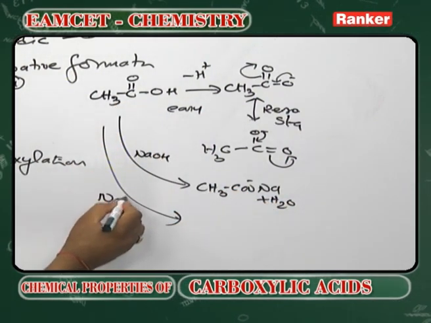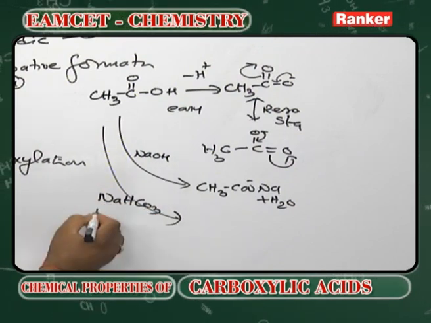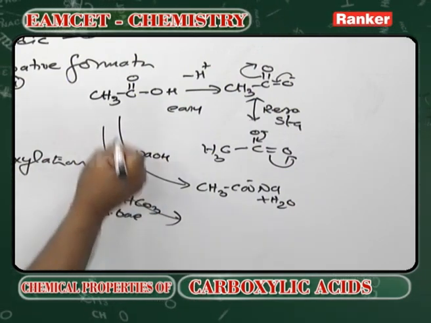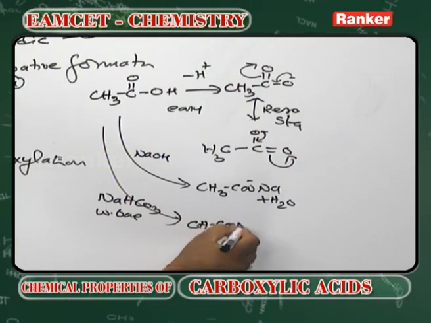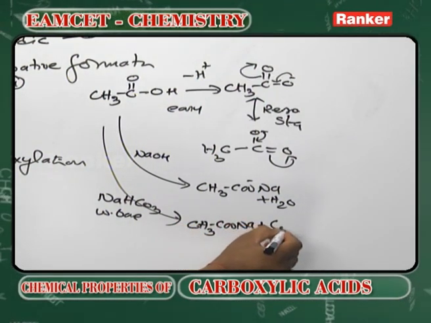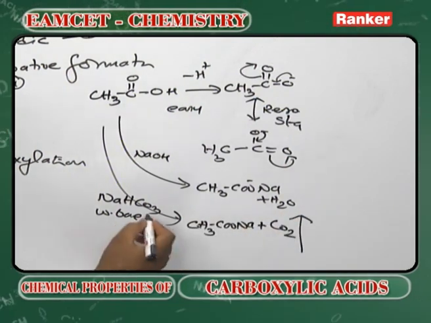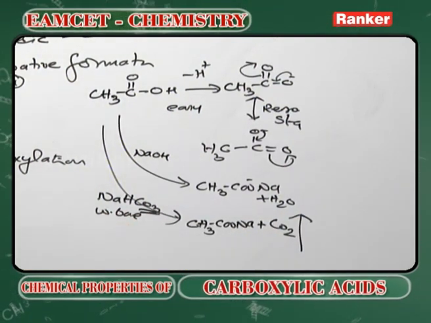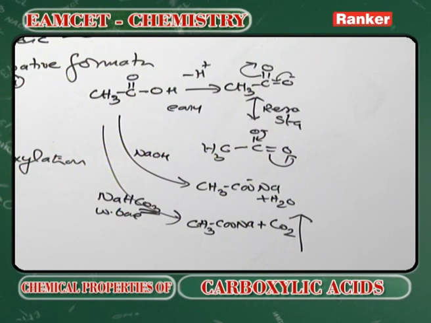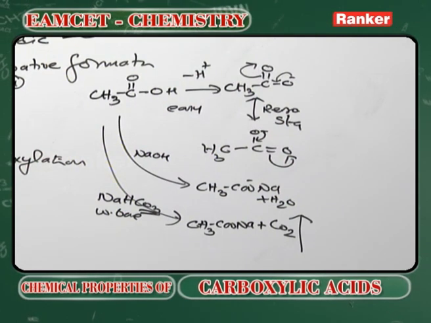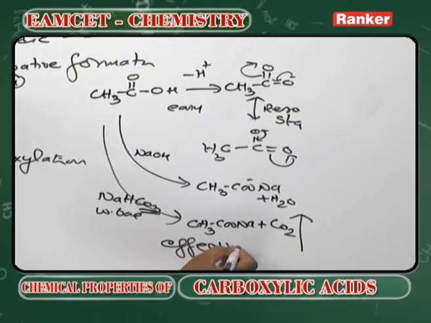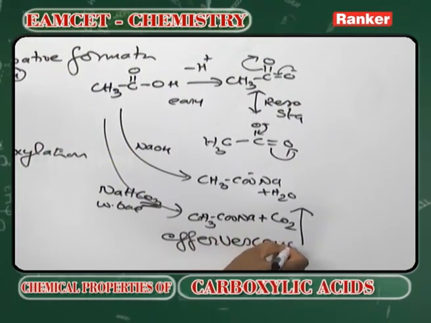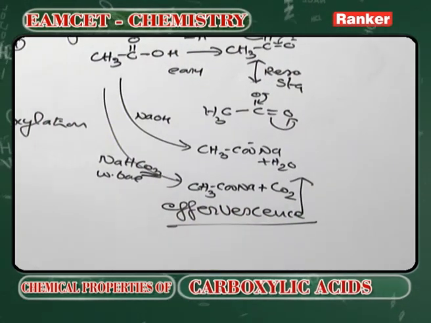Sodium bicarbonate, NaHCO3, even a weak base, when you add it, it reacts and forms the sodium salt of acetic acid. In addition, carbon dioxide is released from the bicarbonate. This reaction is called effervescence. So this is also an identification test.